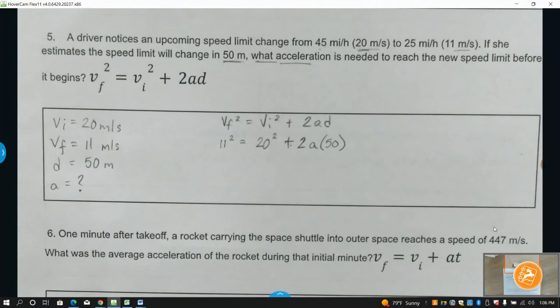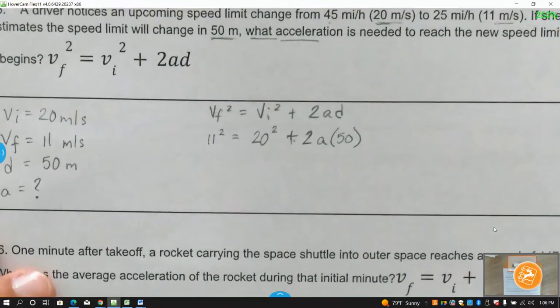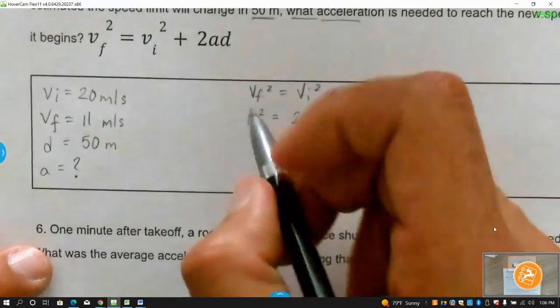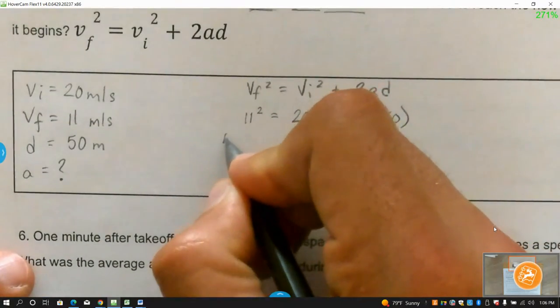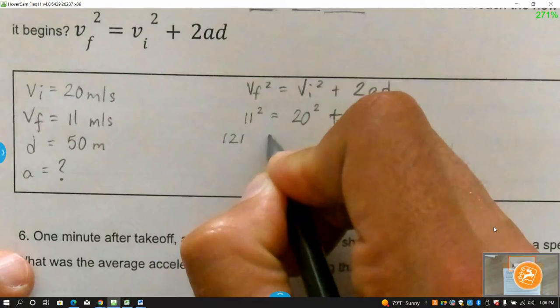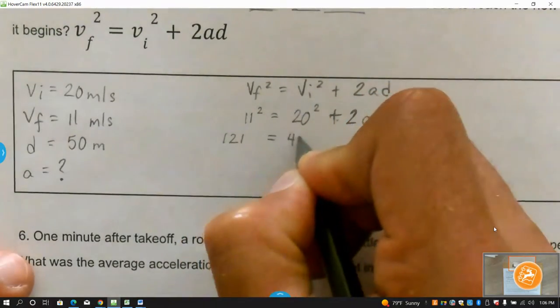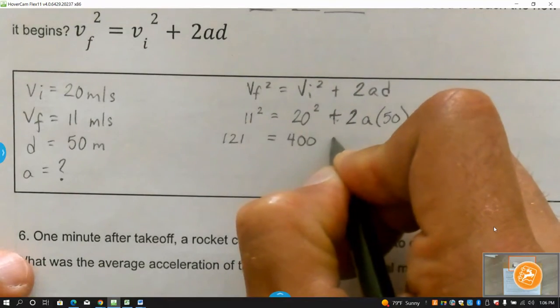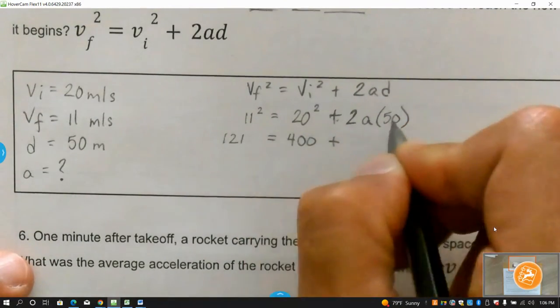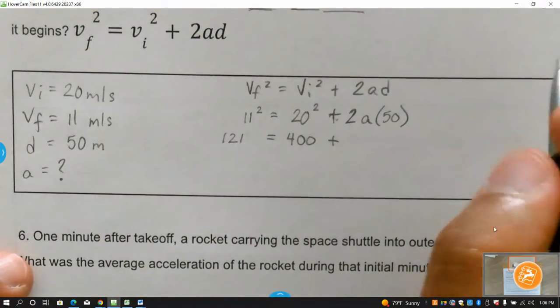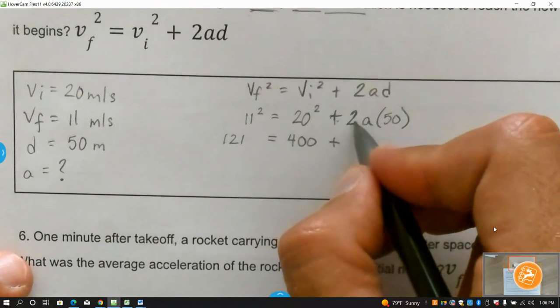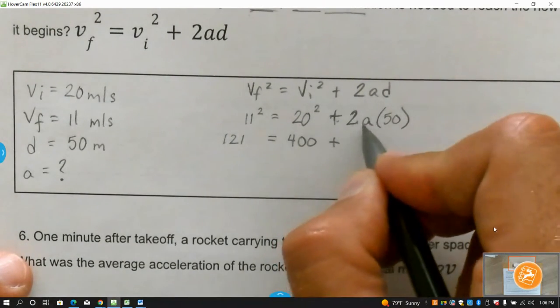All right, and now you guys are going to start to simplify this down. 11 squared, 121. 20 squared becomes 400. And then we have, what's 2 times 50? 100. So I can double whatever the distance is.